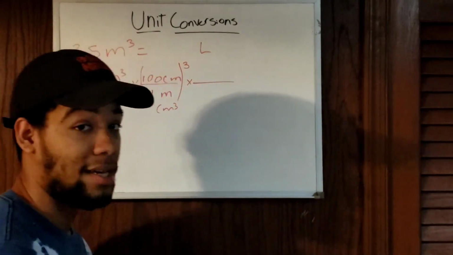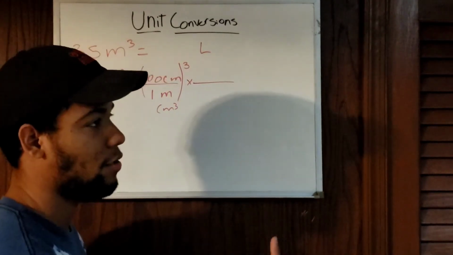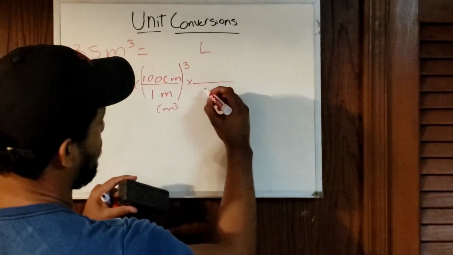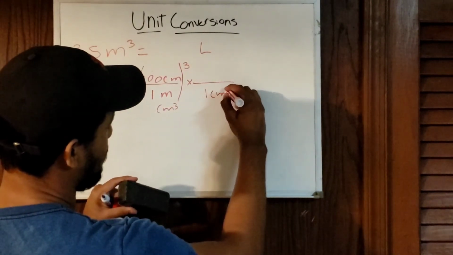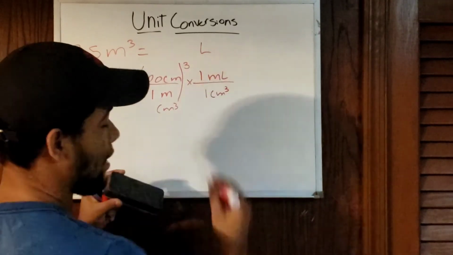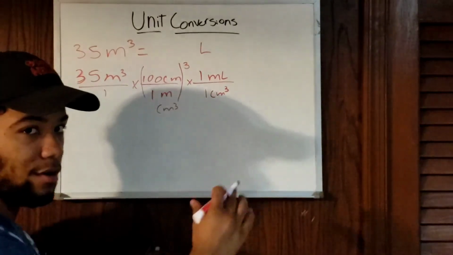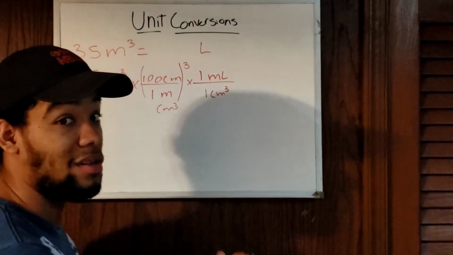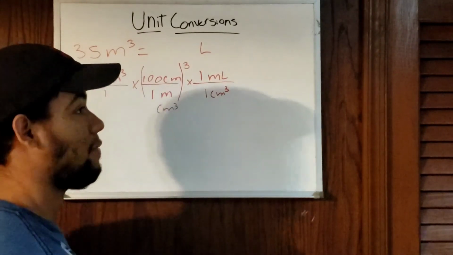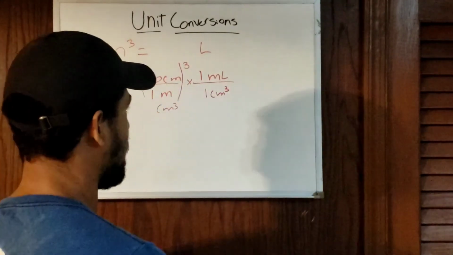From there on, we know that 1 centimeter cubed is equal to 1 milliliter. And that's how you convert from this meters cubed into liters, right? Something you can associate better with volume. You can put together liters with volume there.